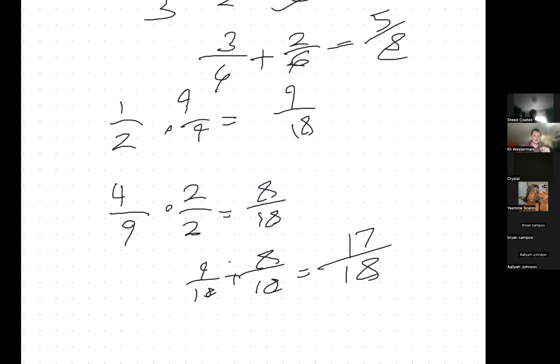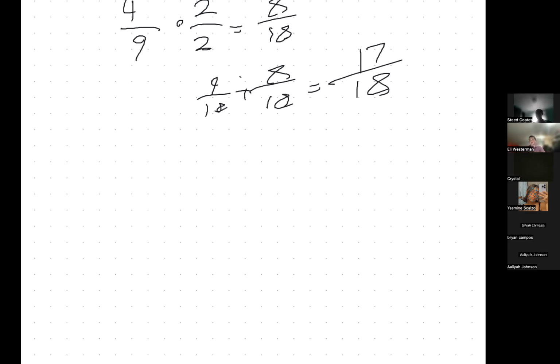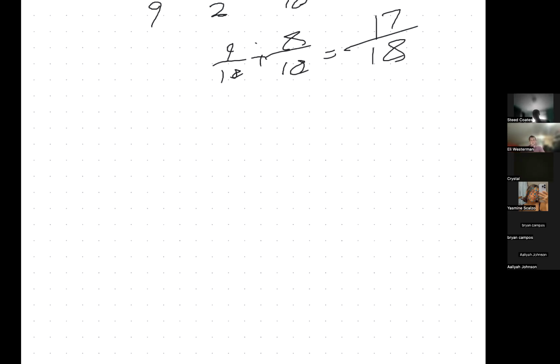Now I want you all to try this one. You don't need to add them together, just find the same denominator: 7/12 and 3/4. Try it on your own with your paper, all right?